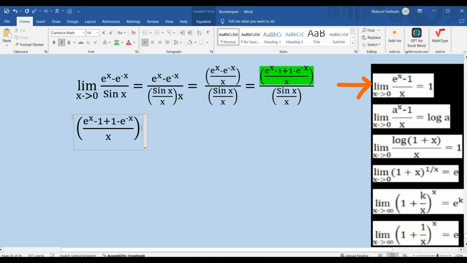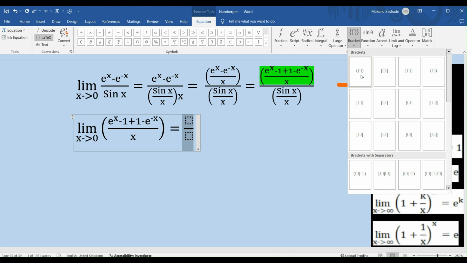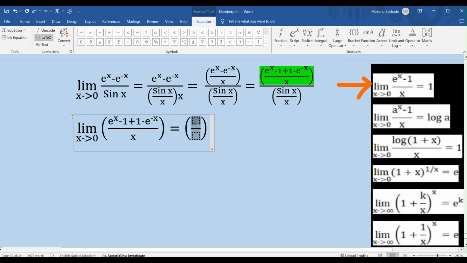And when I write this expression, I can rewrite it as e to the power x minus 1 divided by x, right?